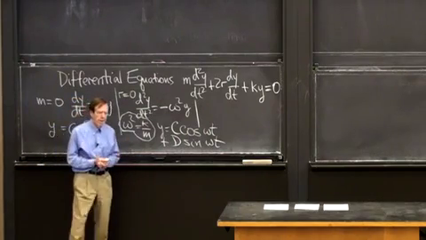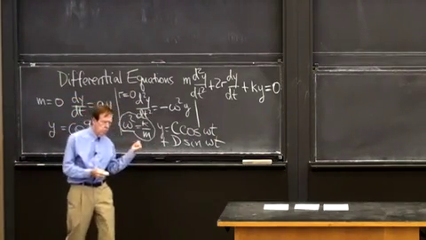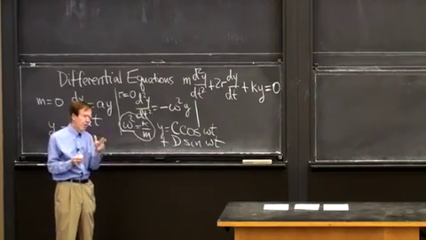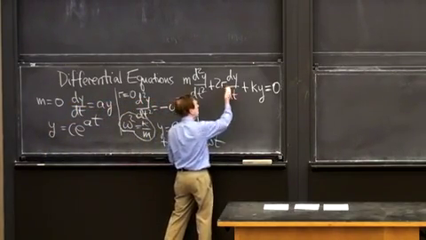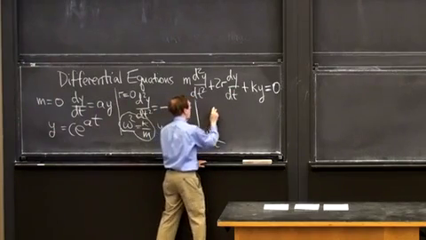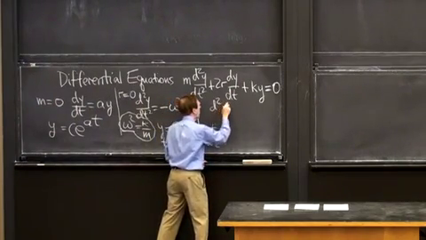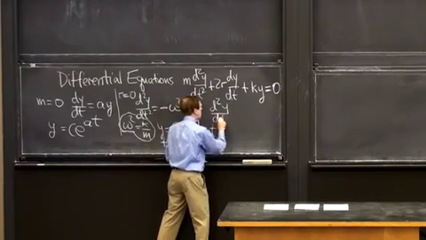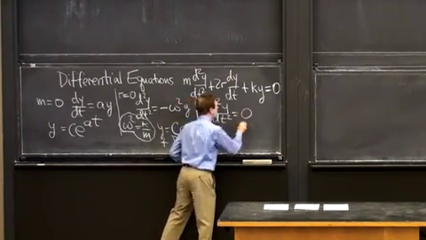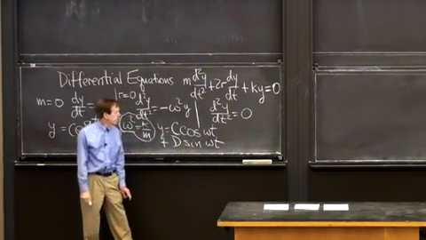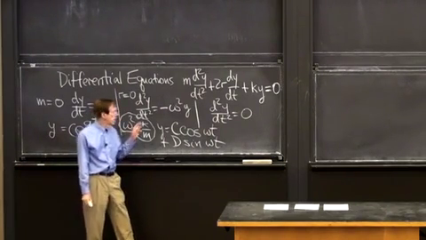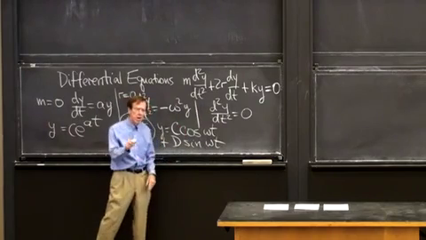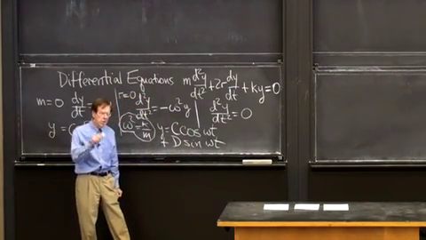So we know that. And these are the two important ones. There's another less important one and an extremely simple one. Suppose all that went away and I just had, as a third very special case, d second y dt squared equals 0. We sure know the solution to that. What functions have second derivative equals 0?